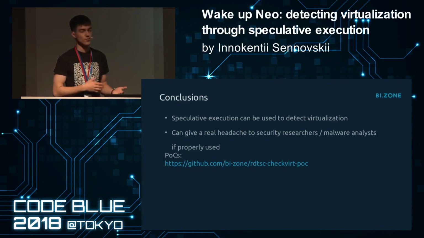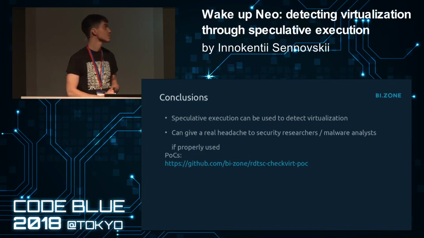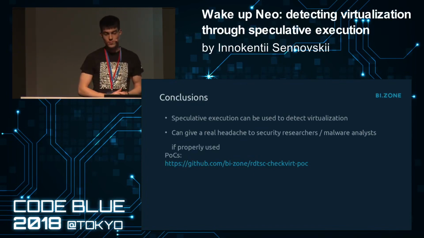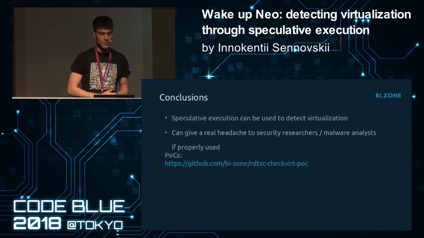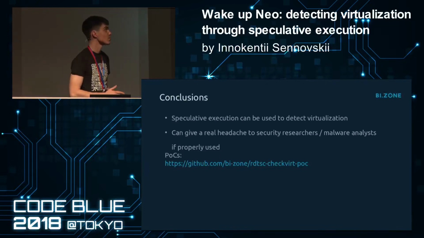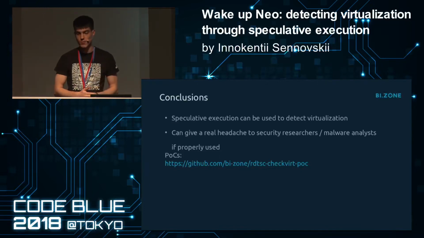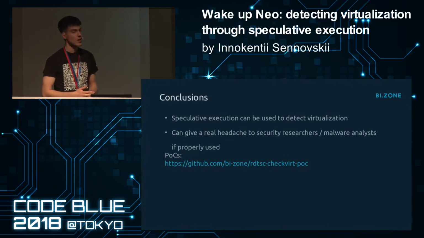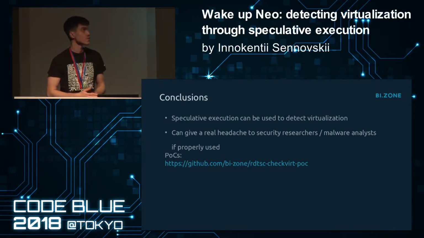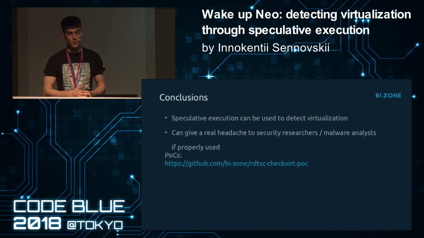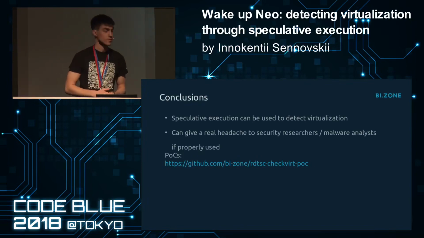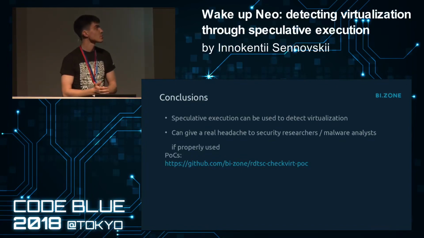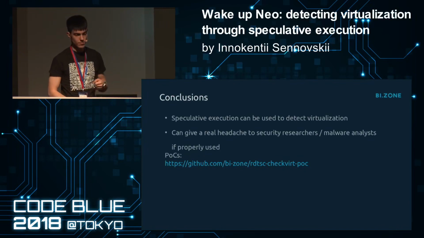There is no way to debug it since it's not executed in regular software terms. Also, if it's used by mass malware, it can be a great problem for many automatic sandboxes, and it can actually lead to many false positives for future detections. If you're interested in trying it yourself, you can look up the proof of concepts on GitHub on this link.